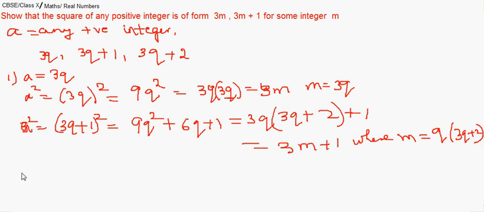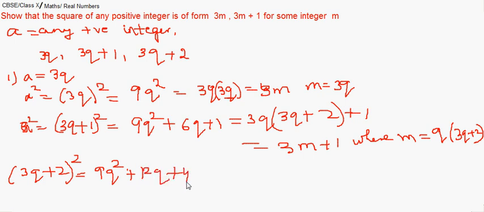And the third one is 3q plus 2 whole square. So it is 9q square plus 12q plus 4. I write this because I have to express it in the format of 3m plus 1.